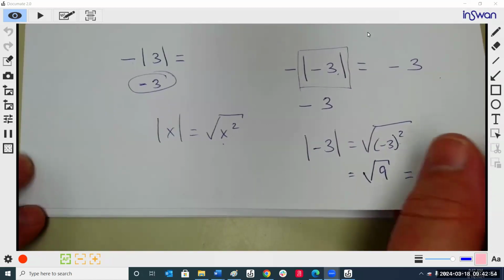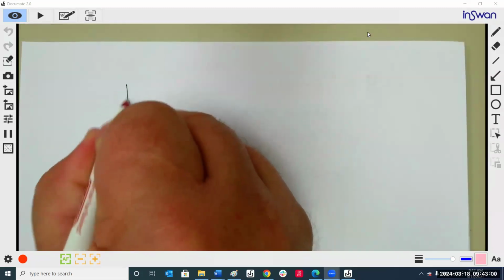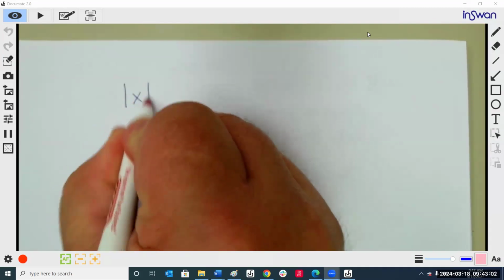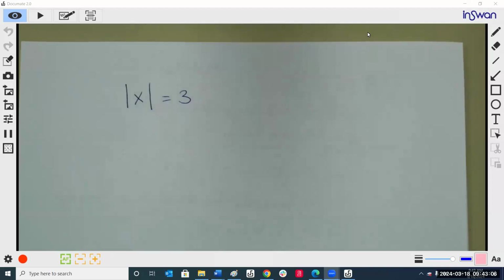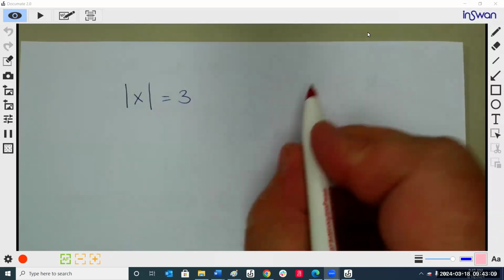So far, so good. So that's if we had a number. What if we had an equation? Let's say that absolute value of x is equal to 3. What does that mean?